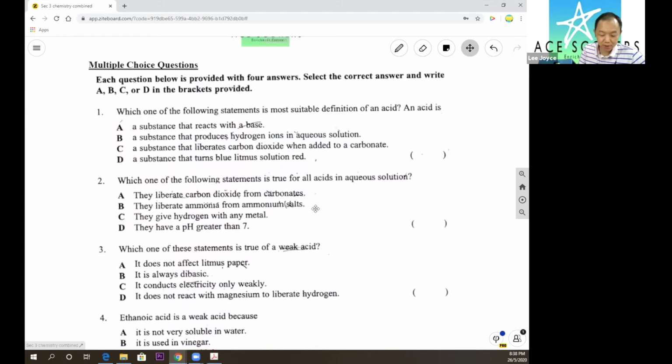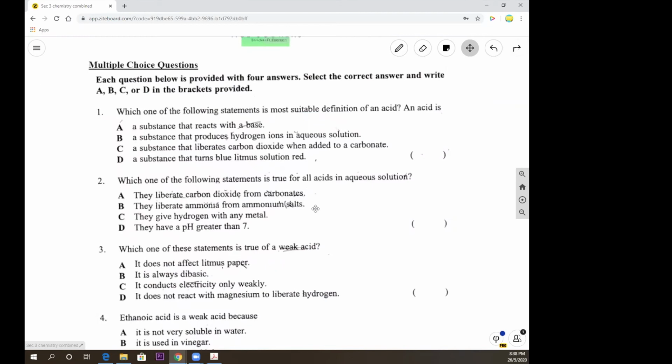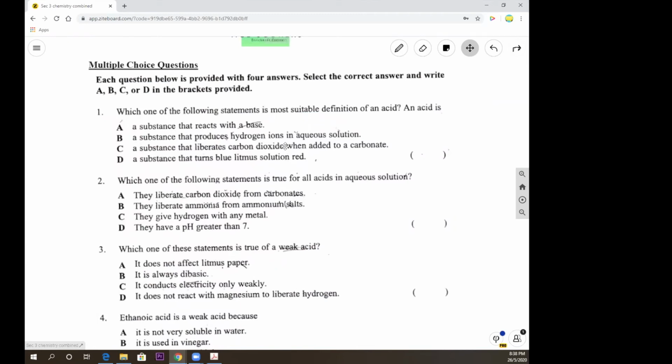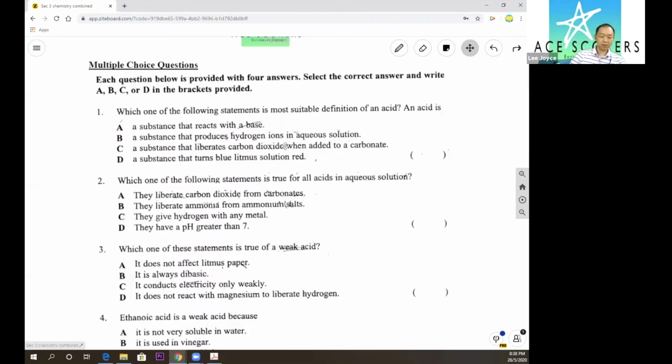Which one of the following is the most suitable definition of an acid? Let's try. D, blue litmus red. Reacts with a base, produces hydrogen ion. The answer is B for boy.